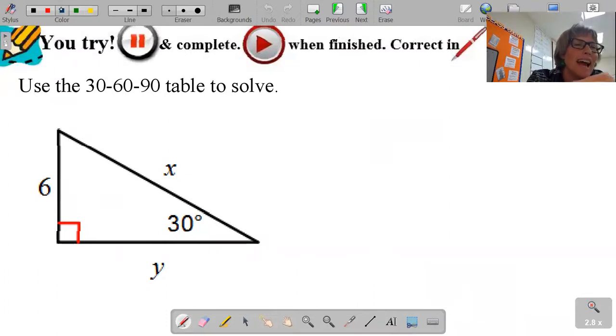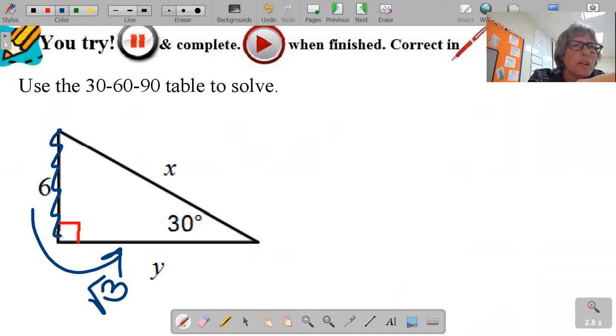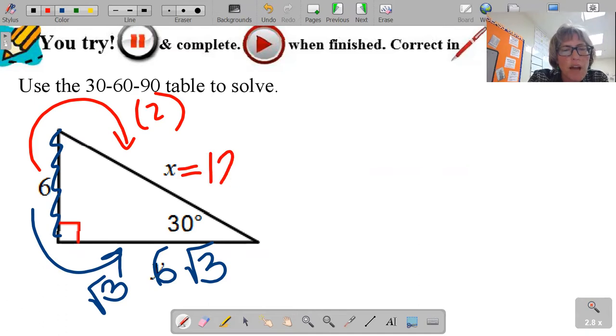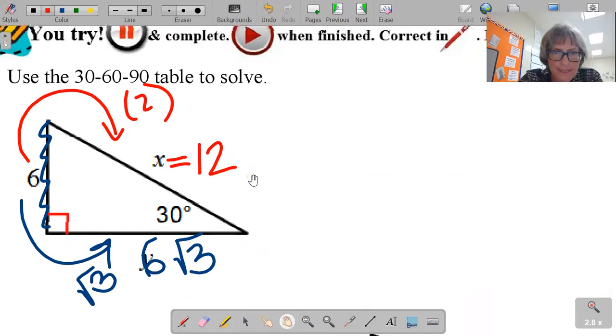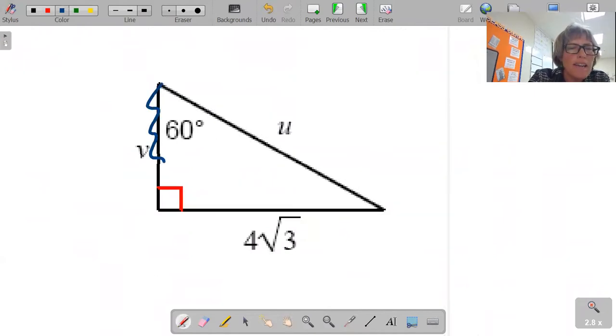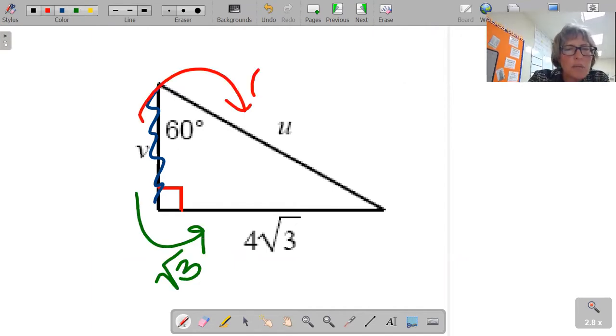30, 60, 90, short leg, root 3, short leg times 2. So your short leg was 6, your long leg is 6 root 3, which is the value for y, and 6 times 2, x, which is the hypo, is therefore 12. 30, 60, 90, short leg, short leg root 3, short leg times 2.